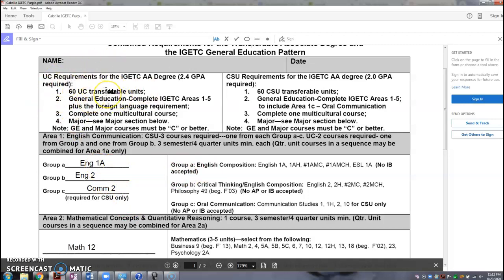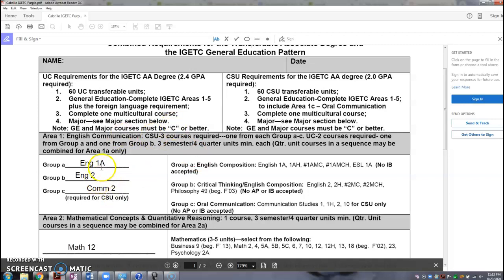If you're not sure if you want to transfer to UC or CSU, like UC Santa Cruz, UC Riverside, UC Davis, or maybe San Jose State, Monterey, if you're not sure which one you want to transfer to, you use the purple form. There's a couple of things that are different. If you know 100% that you want to go to CSU, you can use the yellow form. I guess for this exercise, just use one of them so that you get practice.